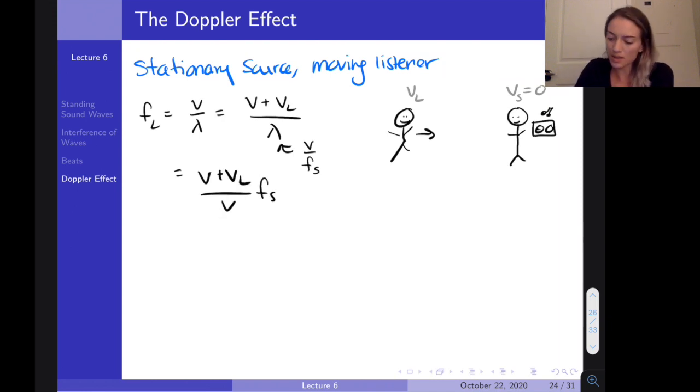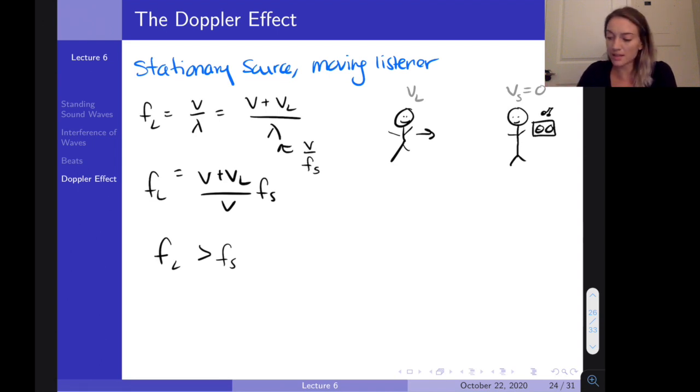We can see that this is a higher frequency, so FL is bigger than Fs, which is what we'd expect, because if you are moving towards the source, you should hear a higher frequency. Since the numerator is bigger than the denominator, FL is bigger than Fs. This is our Doppler shift for when the listener is moving towards the source and the source is sitting still.